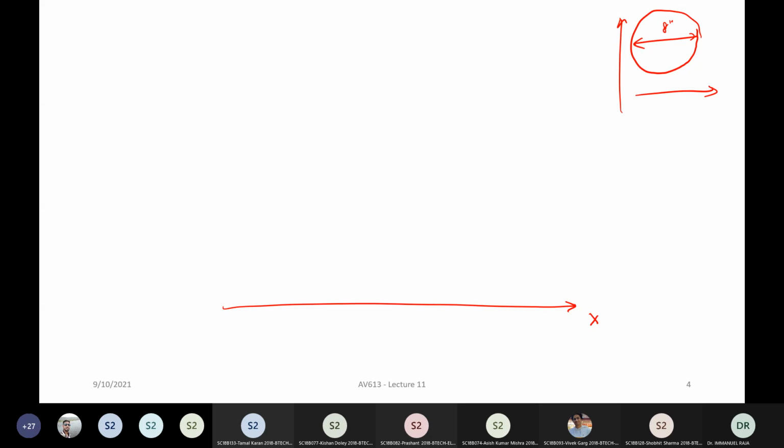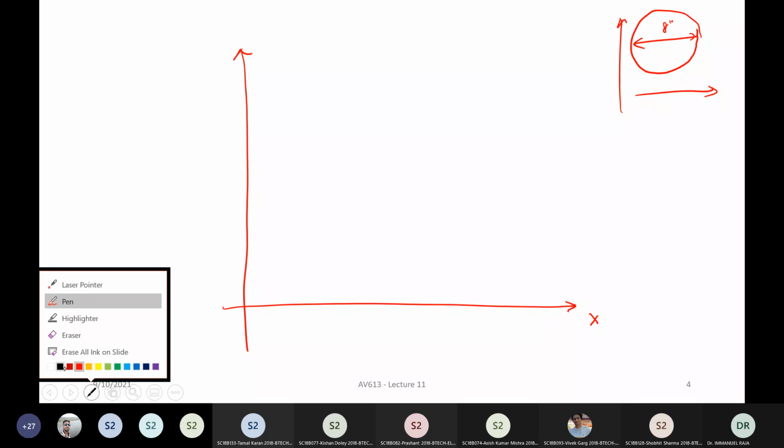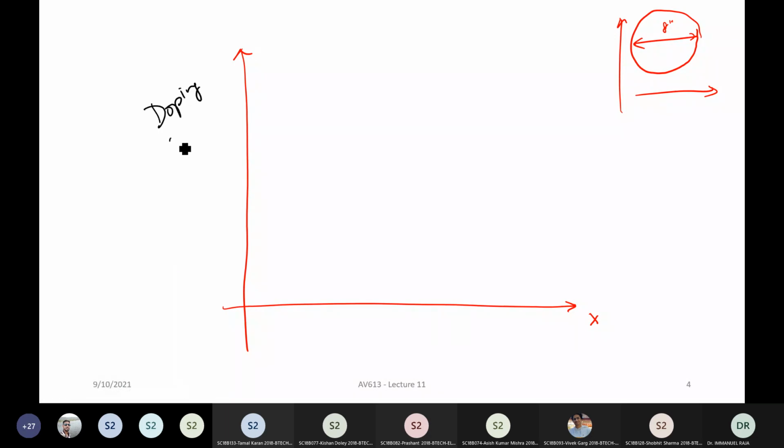So for example, if you were to plot the doping concentration, the x-axis is a physical distance. When you go from one end of the wafer to the other end, your doping concentration might have a small gradient like this, or it can also have a negative gradient.